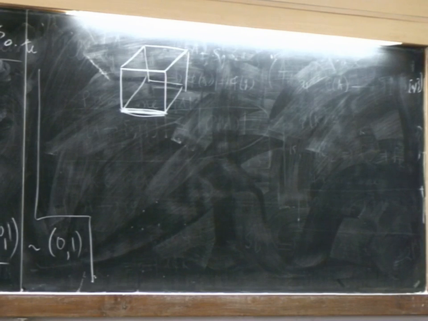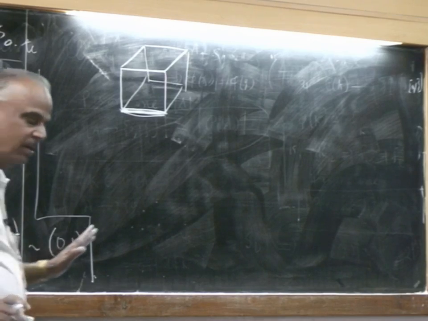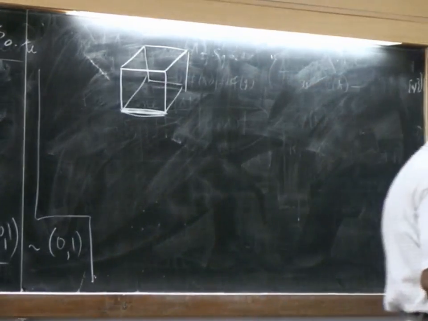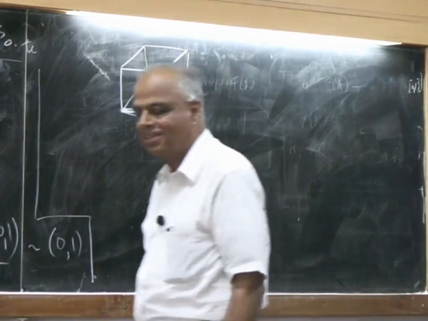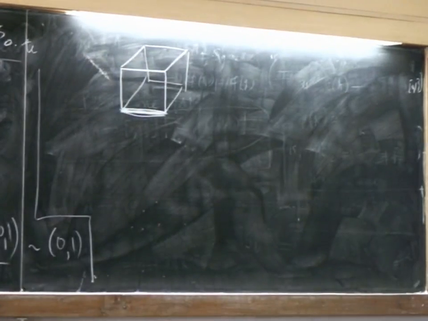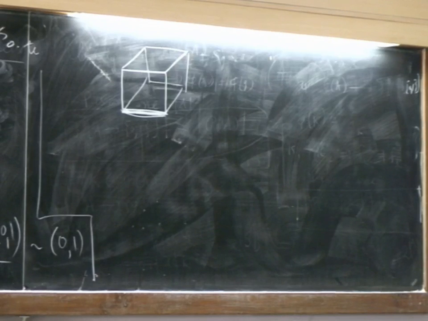Finally, they all have the same number of points. Okay. So therefore, these notions of big and small, of being the same size, are purely set theoretic ideas. Okay, set theoretic size connotations. They will be different in some other context.